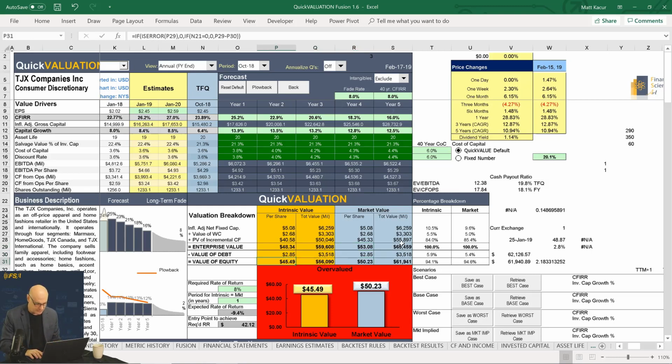And you'll notice every number is the same on our intrinsic value model, except for the present value of incremental cash flow. So the future part is different, whereas the value of fixed capital and working capital, whether it's the market doing it or us, those are near cash items, so everyone should have the same value for them.